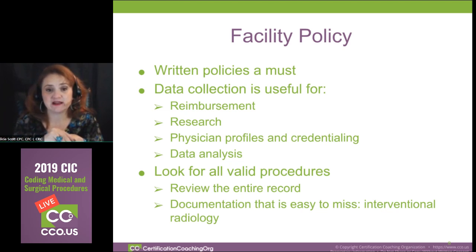Let's do some data collection here. Will we get reimbursed enough if we add a cardiology specialty group? Or research, we have to research to see if it's going to be cost effective. Can we get the physicians here to be able to qualify as a cardiology specialist facility?